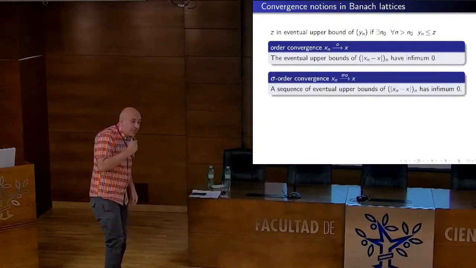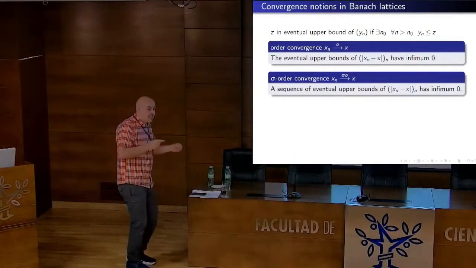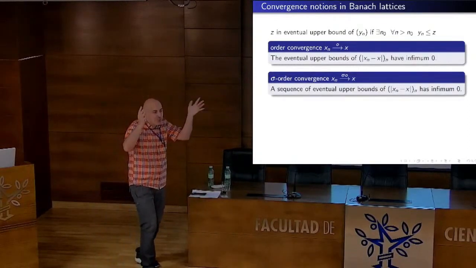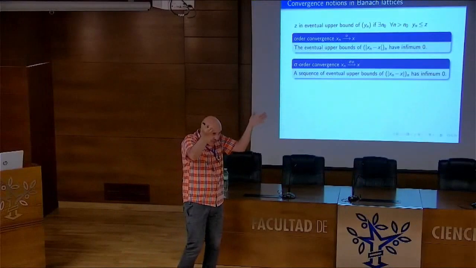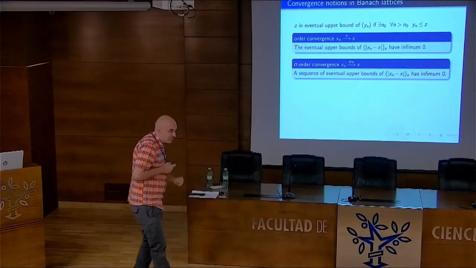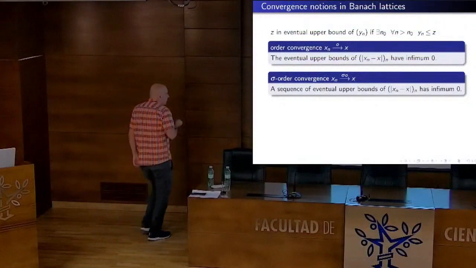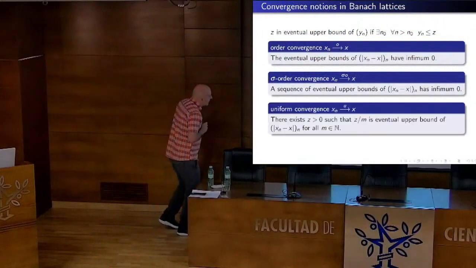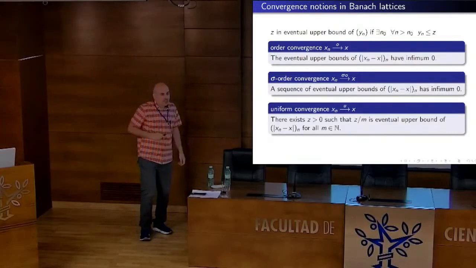There is a variation of this, which is sigma order convergence. In this case, it's similar, but I demand the infimum of these eventual upper bounds to be reached by a sequence, by a countable set. And finally, I have uniform convergence.